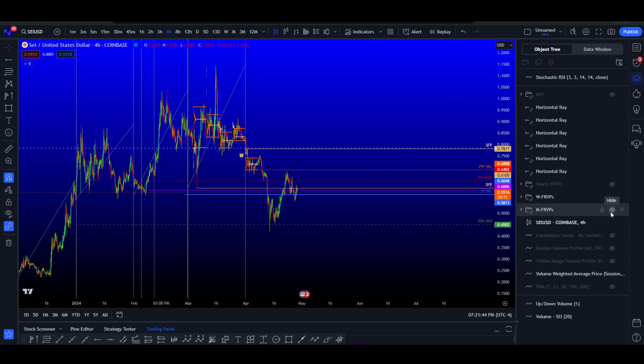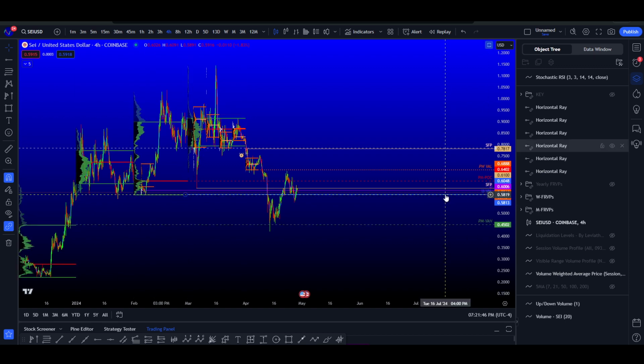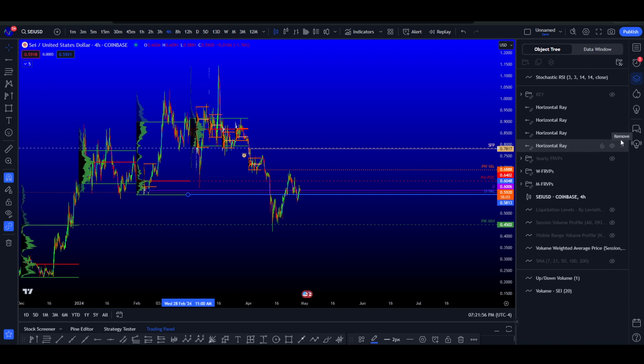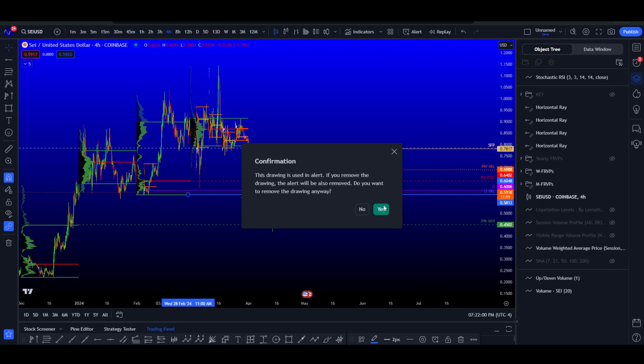So there's untested value sitting at 58 cents monthly. Let's go ahead and put that in there. Delete that. Delete that.